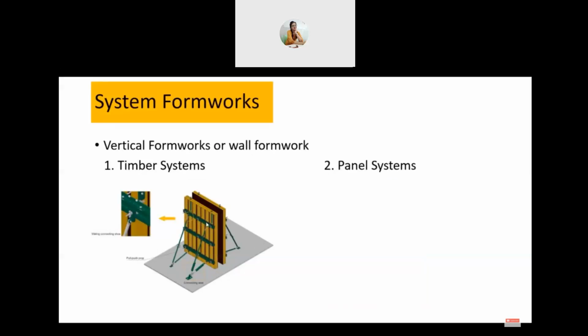We know each component's strength and capacity, so it is very helpful for the designer when he designs any particular formwork. He has to mention the distance between these vertical timber beams, the wailers, the push-pull props, everything, because he knows the properties of them.